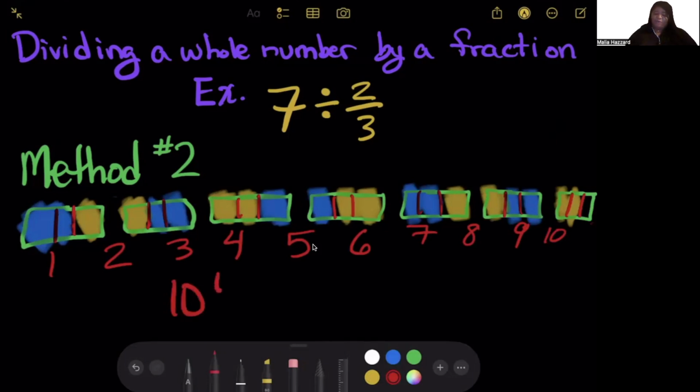And then I have that 1 out of how many blocks were we shading together at a time? We were shading 2 at a time. So my answer is 10 and 1/2. Or if I wanted to change it to an improper fraction, I would still get 21/2 as my answer.